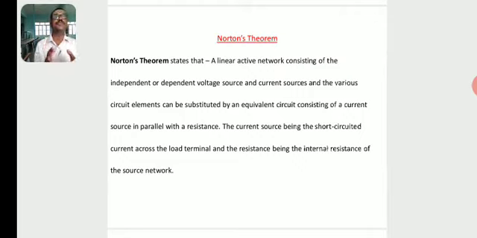The current source is the short-circuited current across the load terminal, and the resistance is the internal resistance of the source network. So, that is the statement of Norton's theorem.